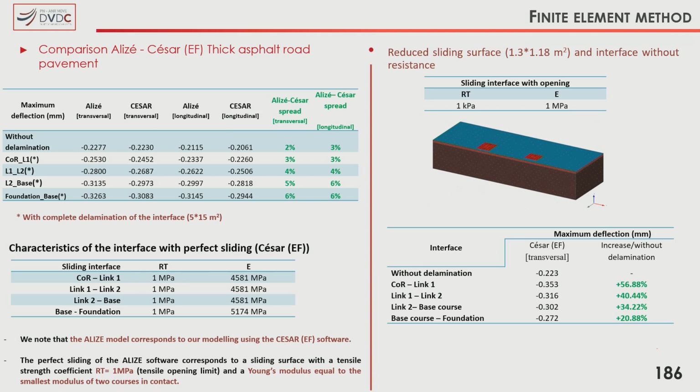So this gives 75 square meters, and whatever the depth of this delamination, we have analogous results between Alizé and César, with a slight loss of quality with the depth, and these were reduced in thickness when the depth increased.